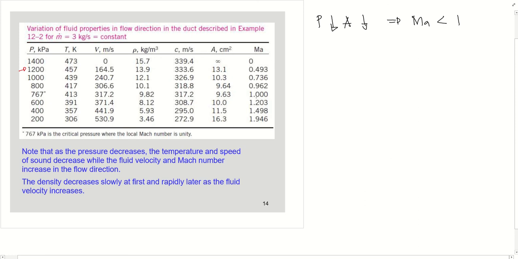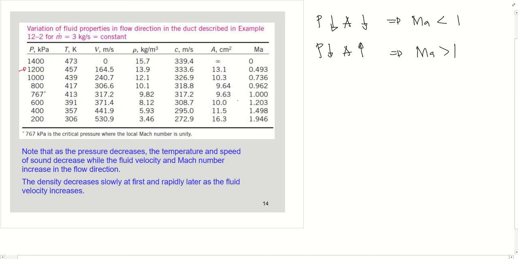However, beginning from Mach number 1, if we still keep decreasing the pressure, the area now increases, which is beyond Mach number 1, Mach number unity.